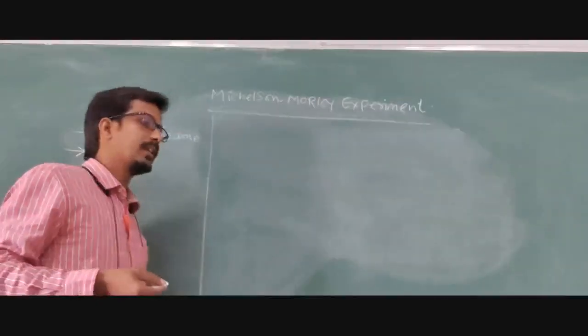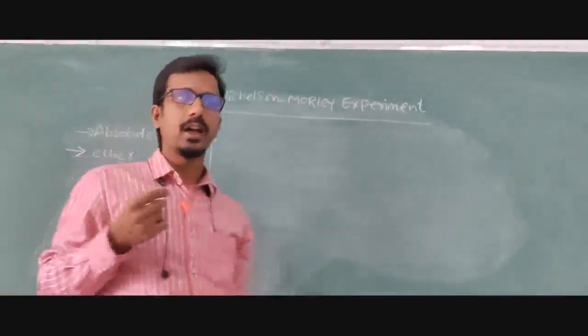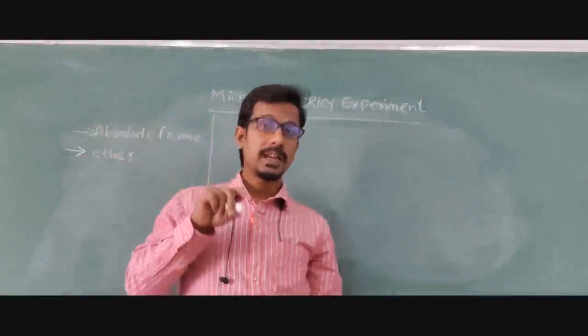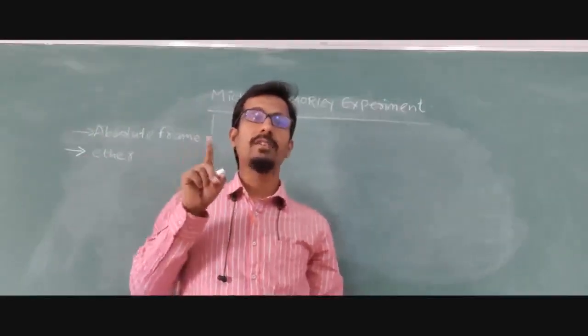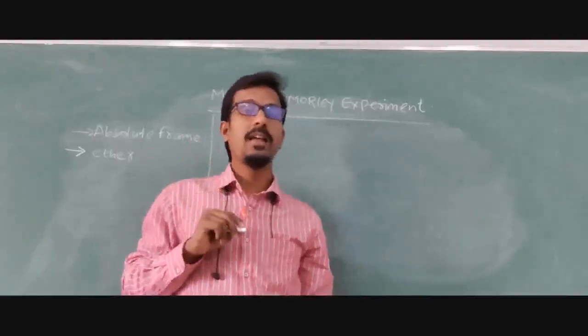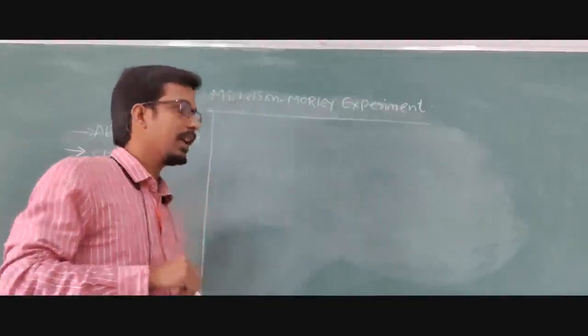Only then can we tell. So for every object or event occurring, we have two frames of reference. In the same terminology, the Michelson-Morley experiment assumed that we can determine the velocity of Earth with respect to another frame, that is nothing but the ether.